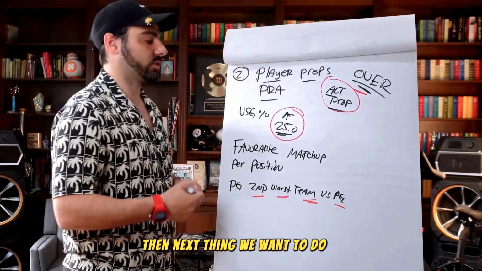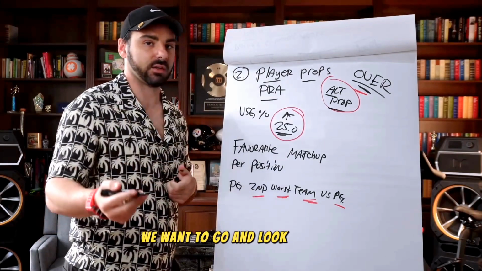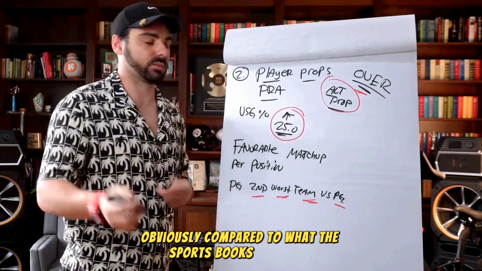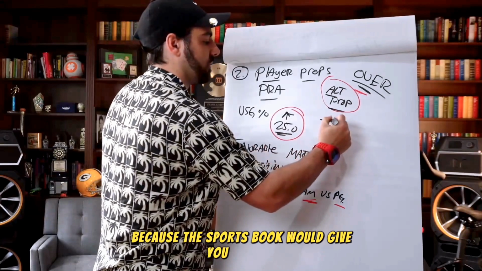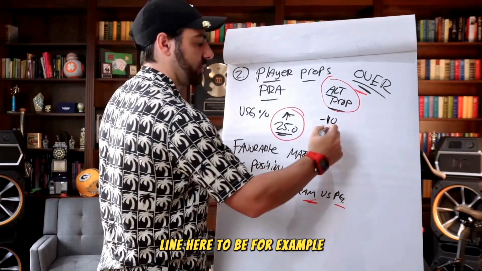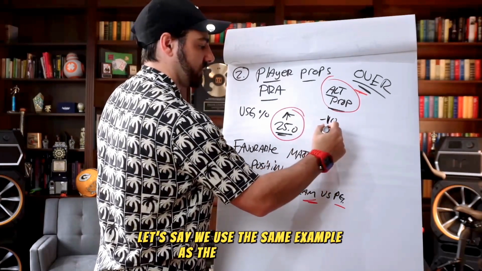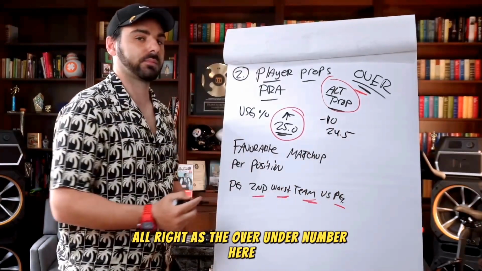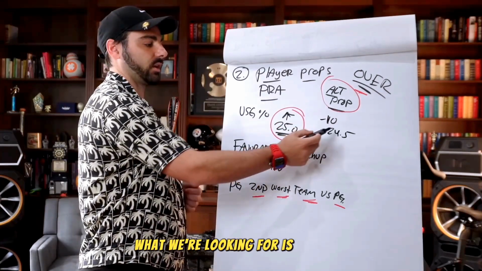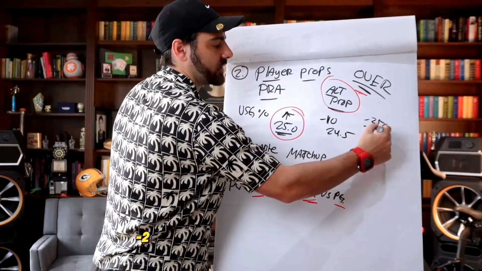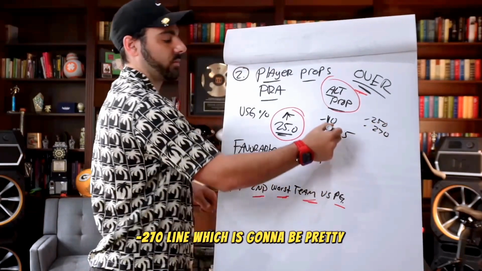Then next thing we want to do is look at what their averages are, compared to what the sportsbook's giving you, because the sportsbook would give you the minus 110 line here to be, for example, let's say, we use the same example as the last one, 24.5, the over-under number. What we're looking for is the minus 250 to minus 270 line, which is going to be pretty much 3 or 4 off.